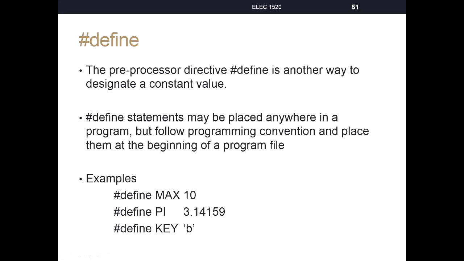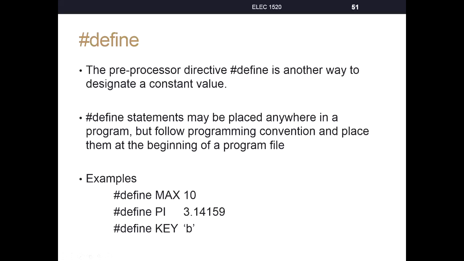So here's some examples. Instead of using const and data types, if I say pound define max and give it the value of 10, remember by default, this literal 10 is an integer data type. Anywhere in code that we use max, the compiler will substitute the value of 10. These preprocessor directives are also called macros. We do not use the assignment operator, and we do not end them with a semicolon.